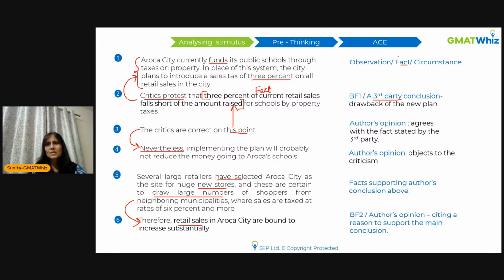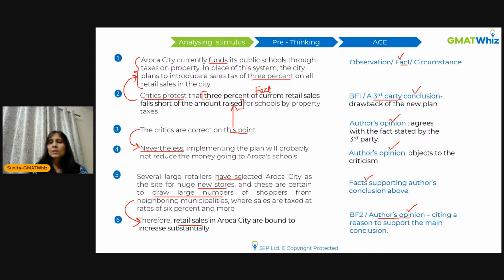Now notice I have basically outlined these sentences as fact or conclusion or opinion, and whose opinion. Once I have done this, what is the next step? The next step is to identify, out of all the opinions, do I have a main conclusion here? The main conclusion can always be only in the author's words.